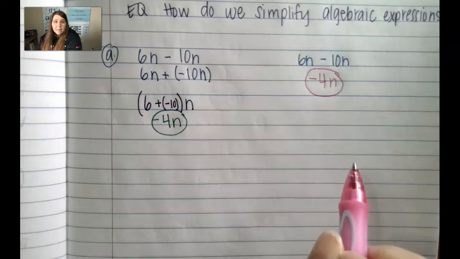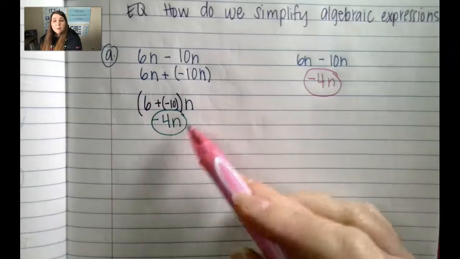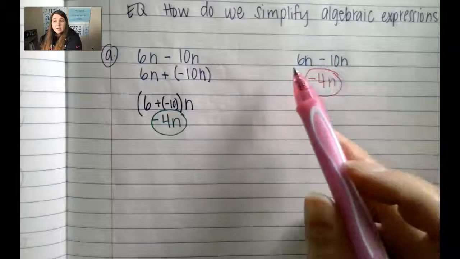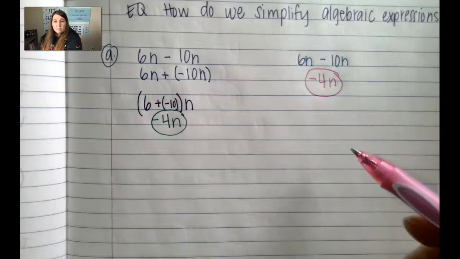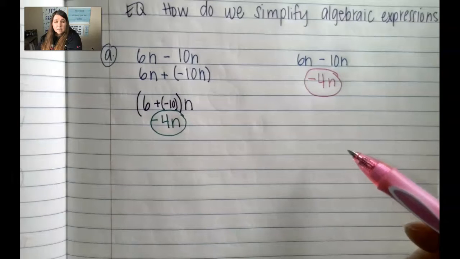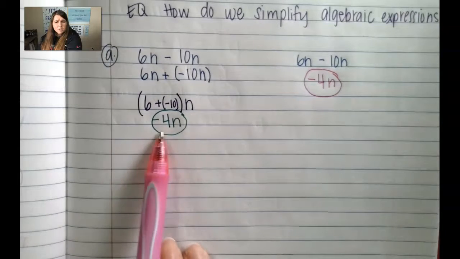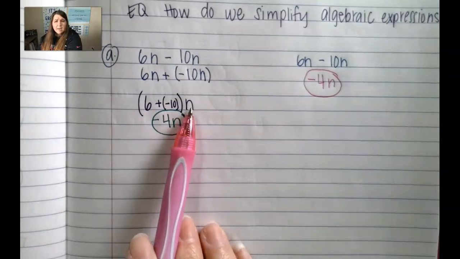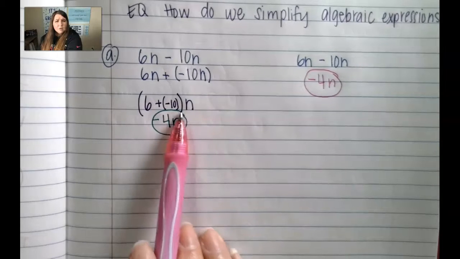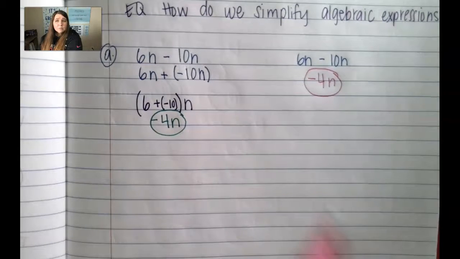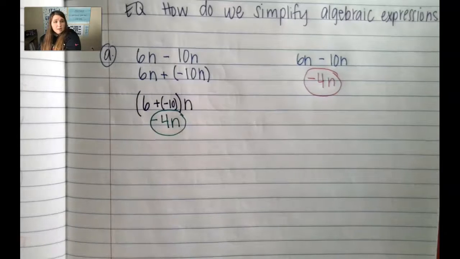There's no exponents or anything like that. So problem number 1, simplified, has been reduced by just combining the things that are the same. Again, you can use the distributive property, just get rid of the n altogether and solve with the numbers, whatever makes most sense to you. Okay, let's do another example.